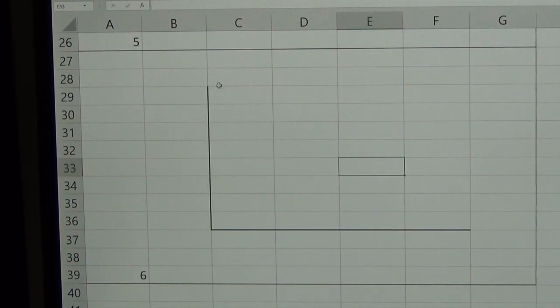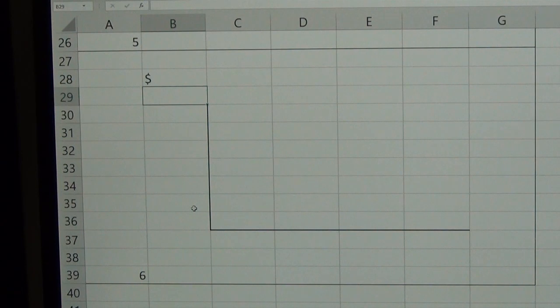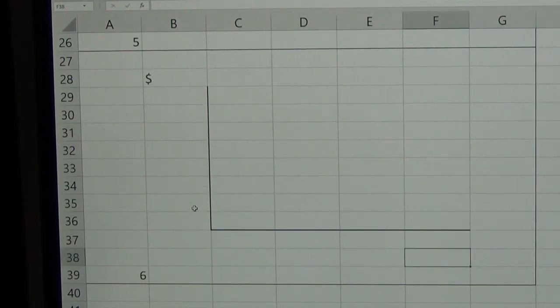So okay, we have the graph. This would be dollar amounts, and then the bottom line would be the quantity. We know that this would be 0. If we've got 0, there's nothing here.